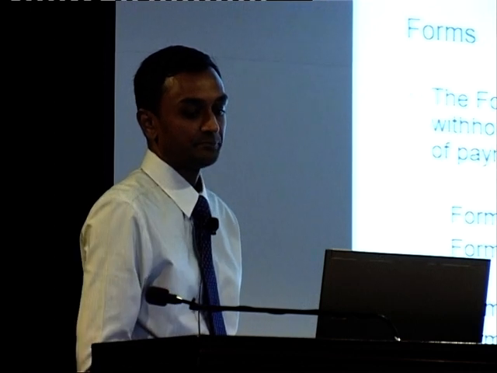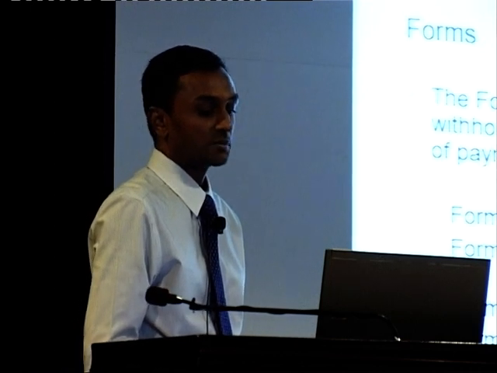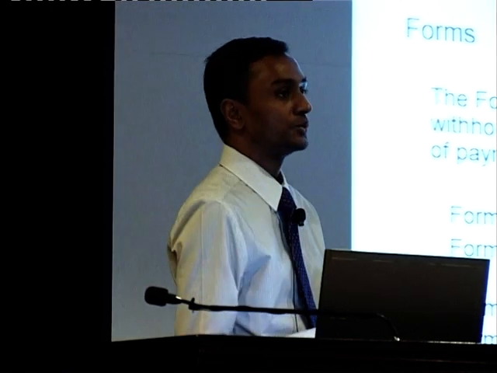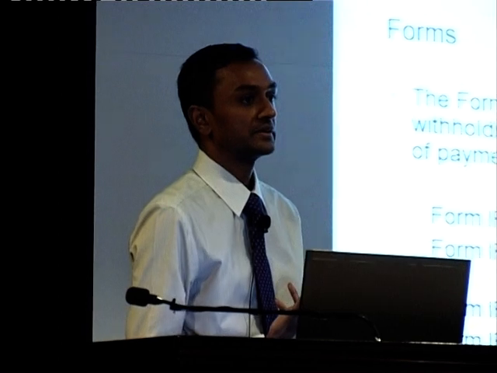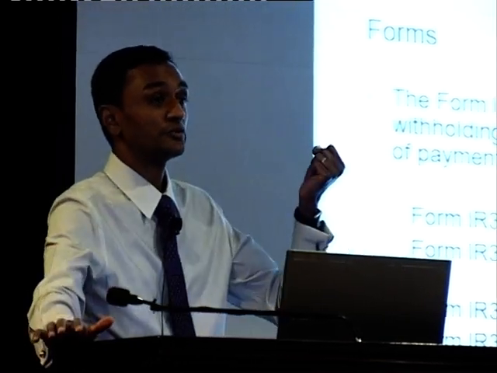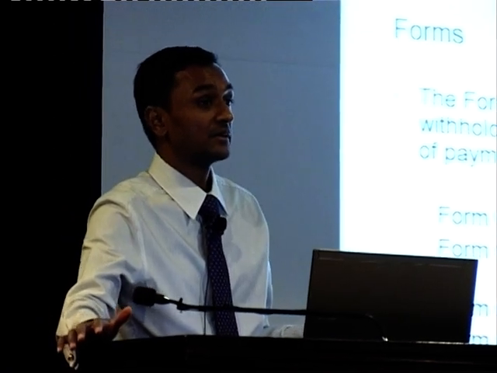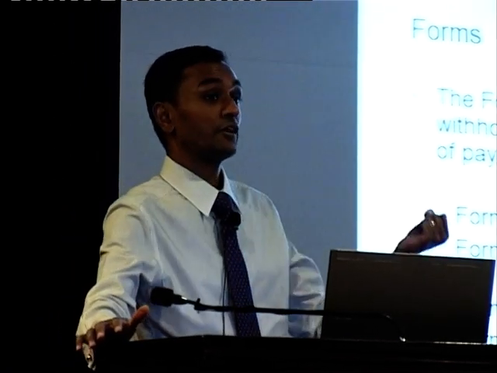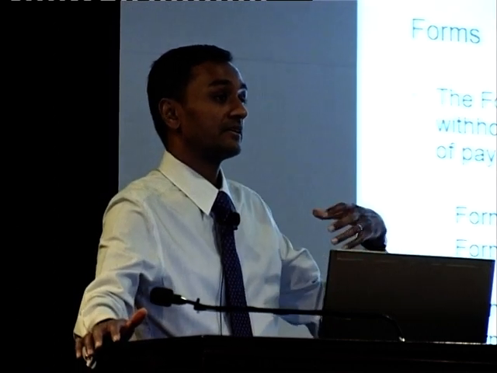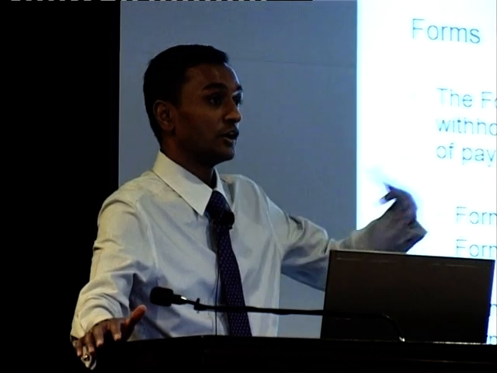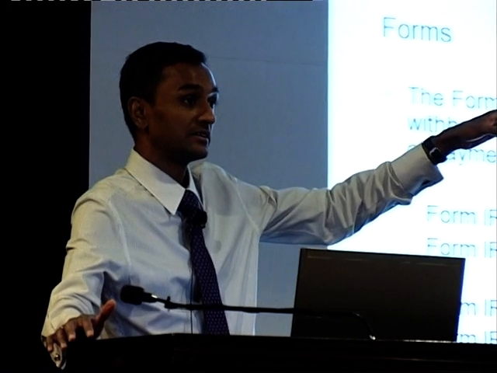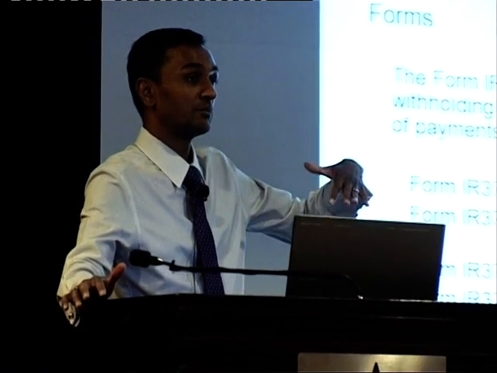Now, a couple of other deadlines to take note of. When you make use of a tax treaty, for example, to reduce the rate of withholding tax, Inland Revenue would require a certificate of residence to certify that the non-resident you are making a payment to is in fact a resident of the other country, and the treaty is between Singapore and the other country.